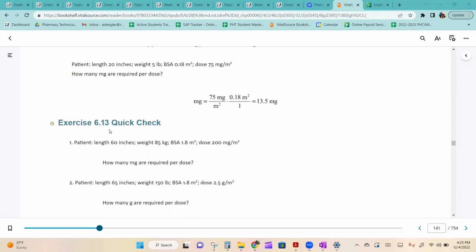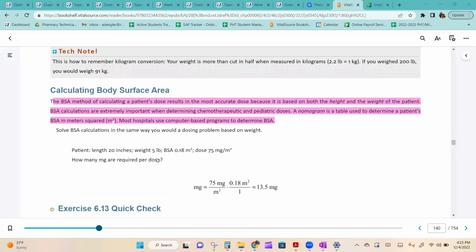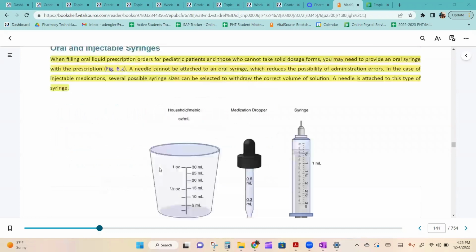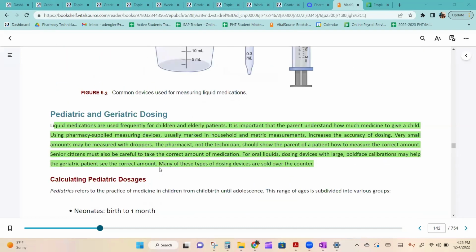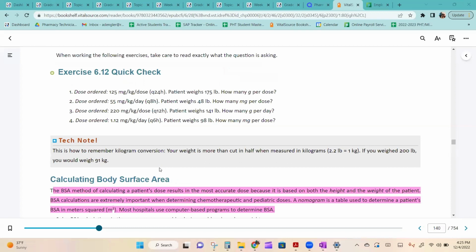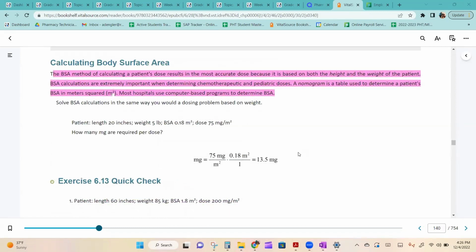You're just paying attention to that number, and that number is based off of the height and weight of the person. It's done on a nomogram sheet, which they do not, for some reason, have in this book, I don't think. But we will revisit that in the math mod, or if you've been in the math mod, you should have practiced using a nomogram.